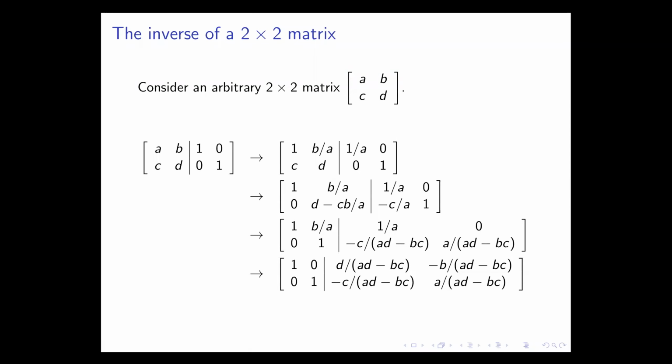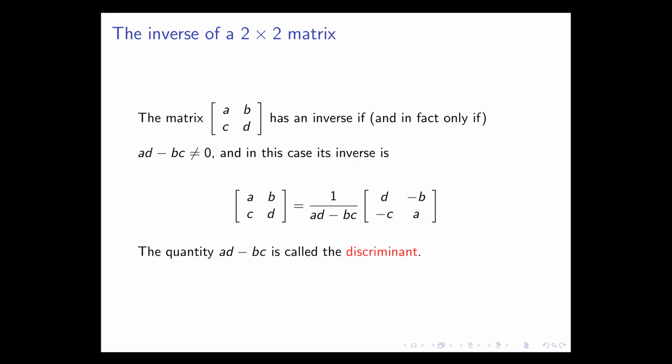Then we divide again by the coefficient d minus cb over a to get 1 over here, and then we make it a pivot form. Then we collect the result, and that will be the inverse of this matrix a, b, c, d. For this to happen, the following combination should not be equal to 0.